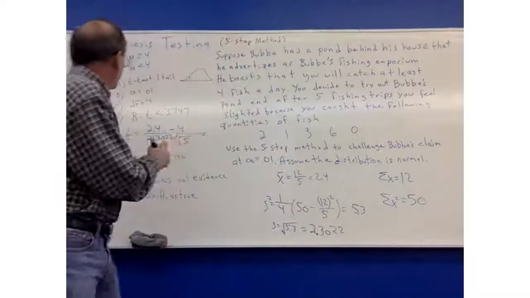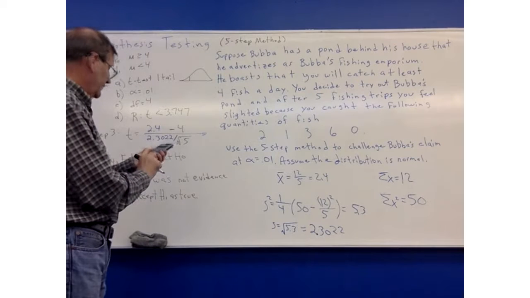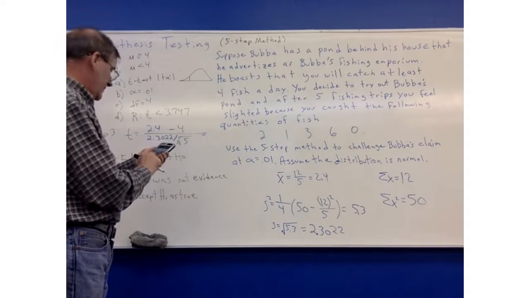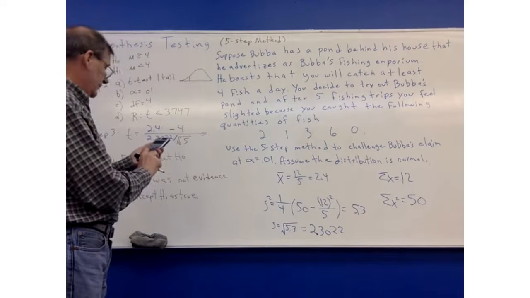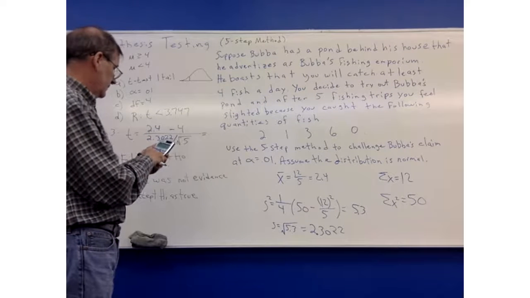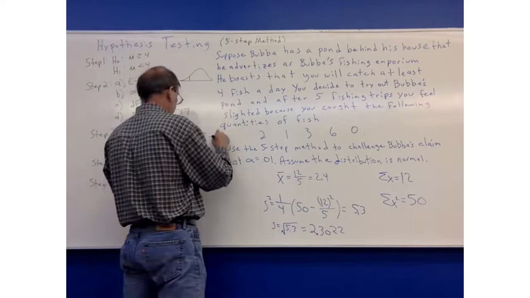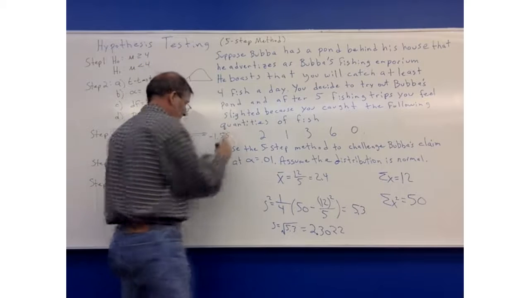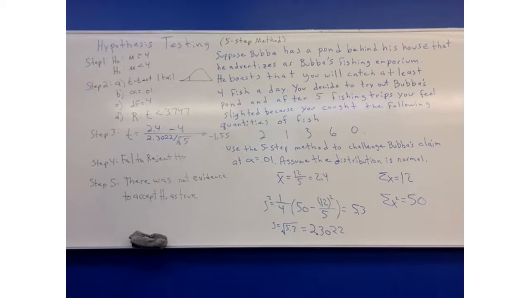Now, if we type this in, 2.4 minus 4 equals that, divided by 2.3022. Whoops. I got negative 1.55.